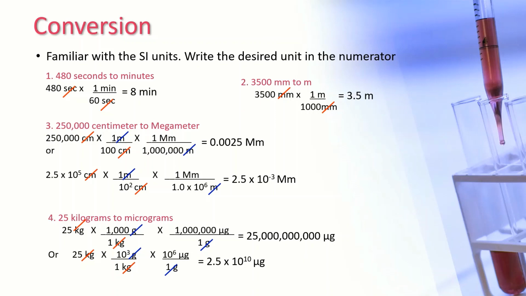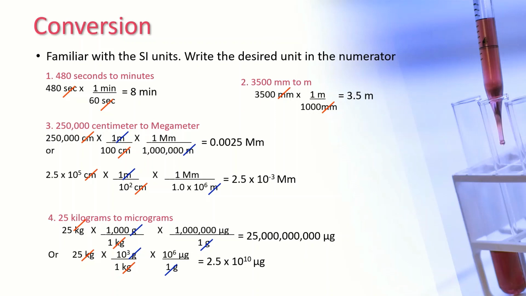So, you multiply 25 kilograms times 1,000 grams over 1 kilogram times 1 million micrograms over 1 gram. You cancel kilogram and you cancel gram, you arrive at 25 billion micrograms.